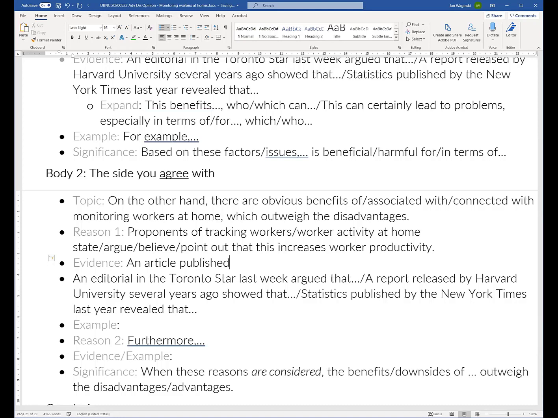Published. So we'll say this year. I don't remember when that article was published. Okay. Showed. Or here's a better word, revealed. Revealed, okay.